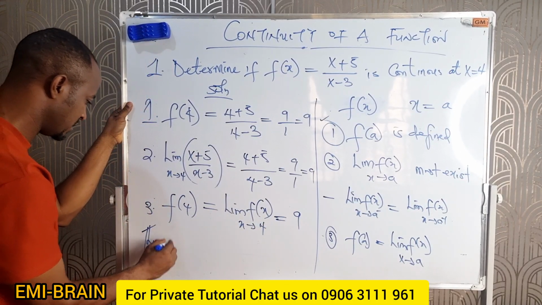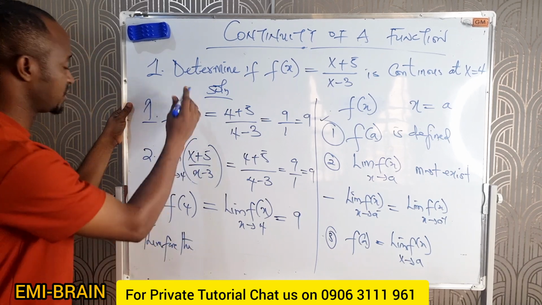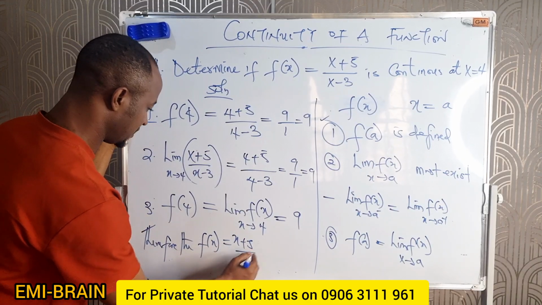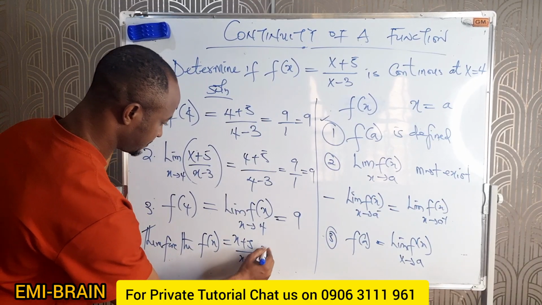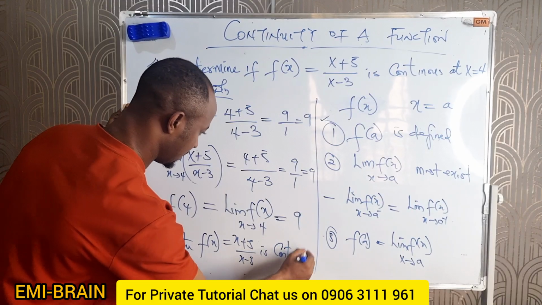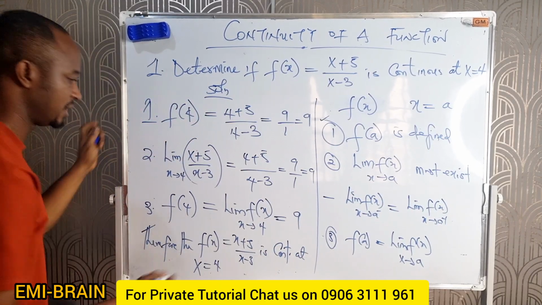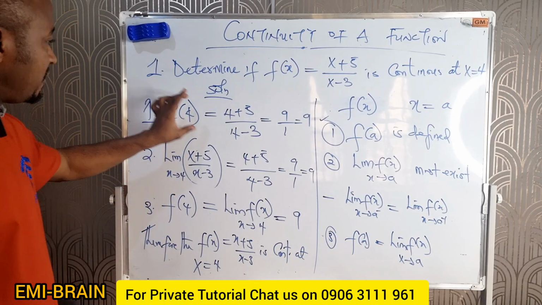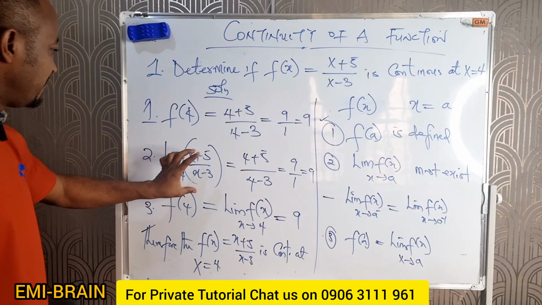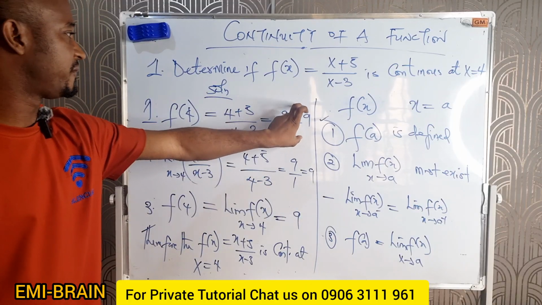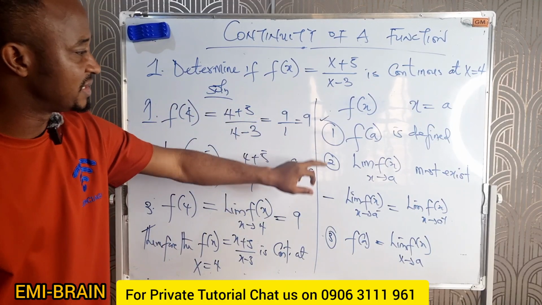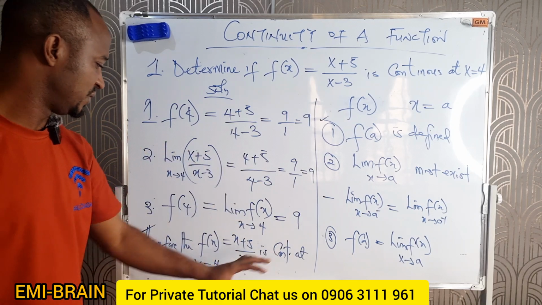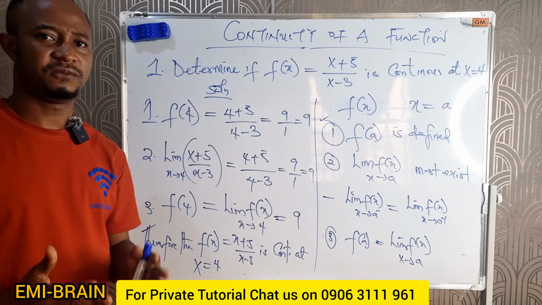Therefore, the function f of x equals x plus 5 divided by x minus 3 is continuous at x equals 4, because our f of 4 gave us 9 and our limit of f of x gave us 9. Since the first and the second are the same, f of x is continuous at x equals 4.